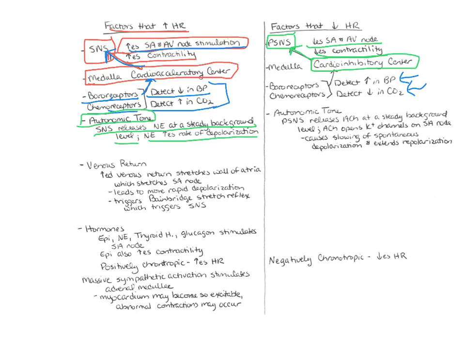So these receptors will stimulate the cardioinhibitory center. The cardioinhibitory center will then stimulate the parasympathetic nervous system, and your heart rate will decrease, and by decreasing your heart rate, you will decrease your blood pressure.